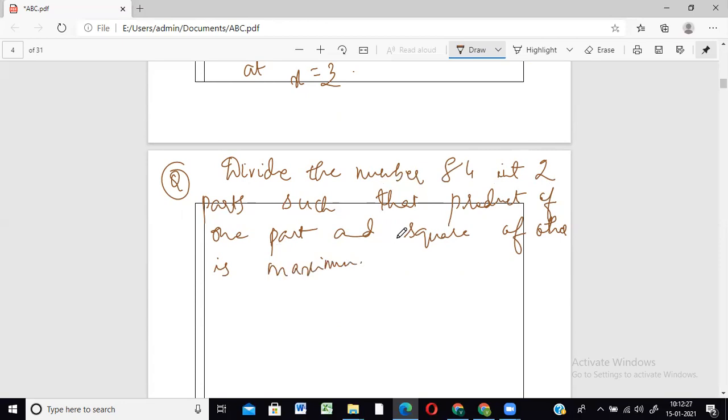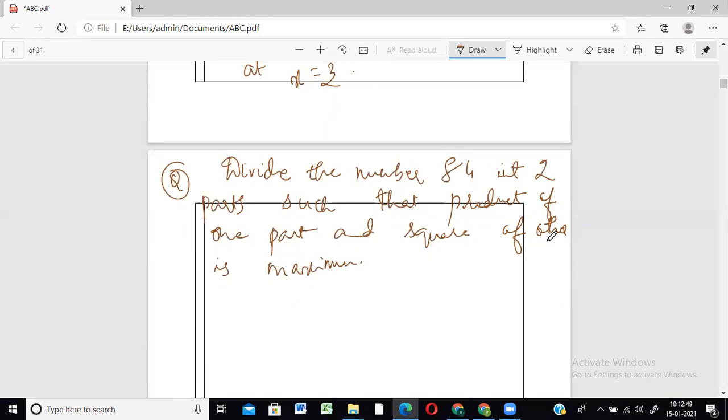Alright. Divide the number 84 into two parts. They just said into two parts. Okay. Such that the product of one part and the square of the other is maximum. All right.